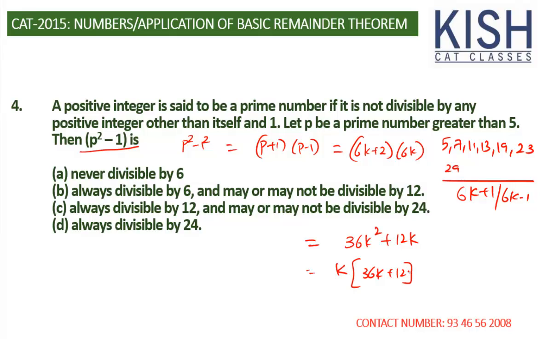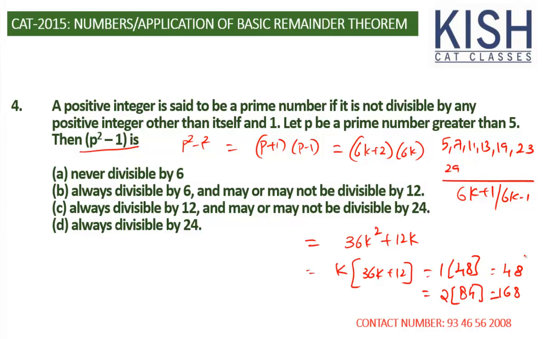If k is 0, the number is going to be 1, which is not prime. If we substitute 1 in place of k, the whole number is going to be 1 into 48. It means that it's a multiple of 48. If we substitute 2 in place of k, this is going to be 2 times 84. So that's going to be 168.